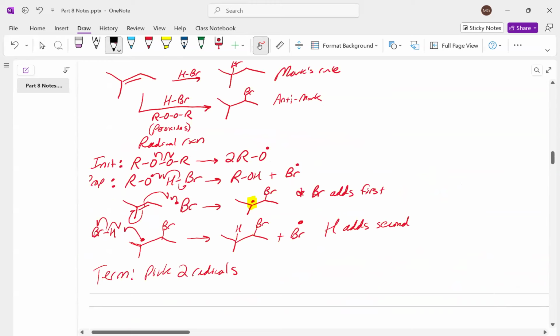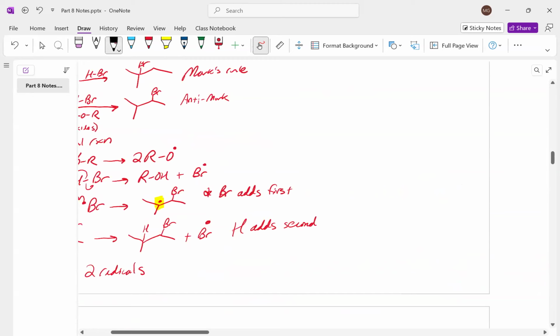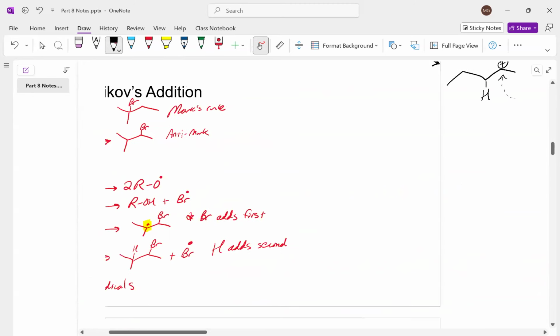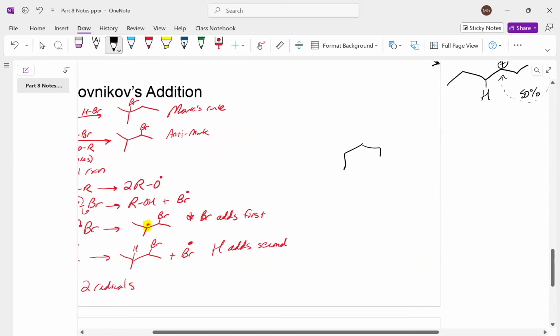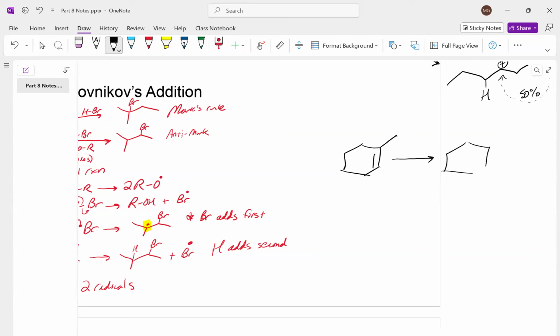So let's talk about how we can utilize this in terms of synthesis, because we're going to talk about more multi-step synthesis at the end of this unit. So how do we use these kinds of reactions to our advantage? So let's say we have this alkene, and our target is this.